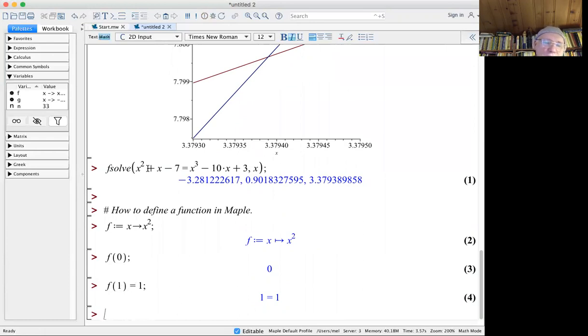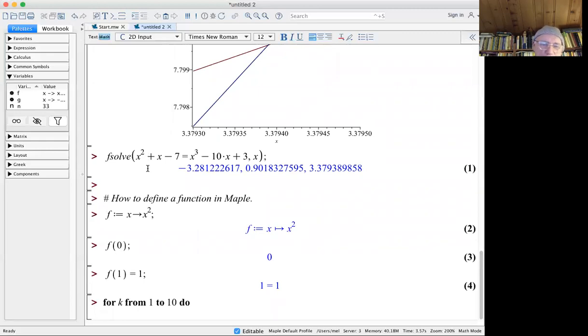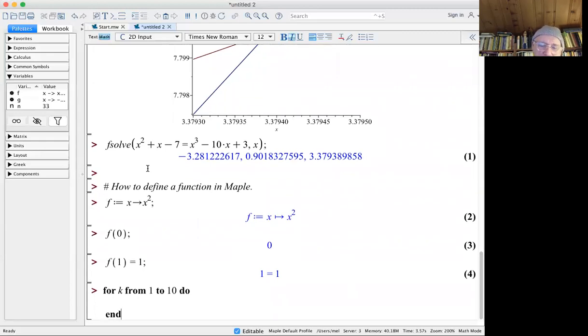If we want to make a loop to see what the first 10 squares are, you could say for, any letter we want to choose, k, from 1 to 10 do. I do shift enter to move the cursor down a line. I have to end this do loop.